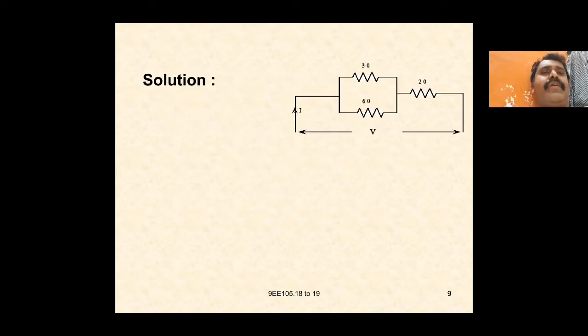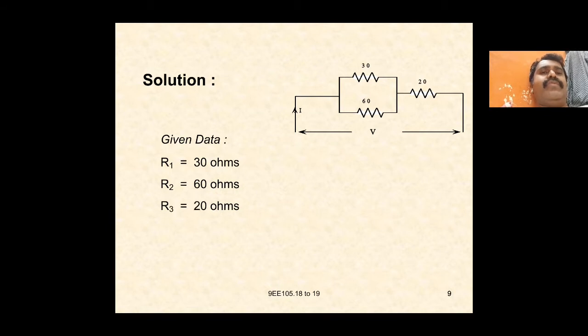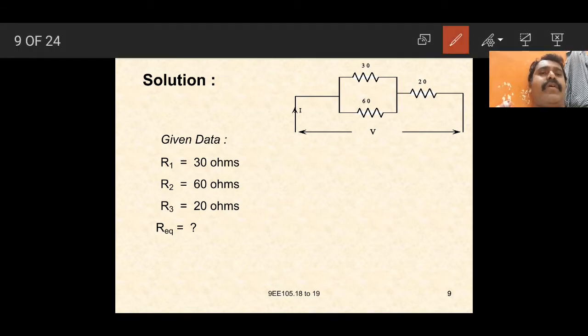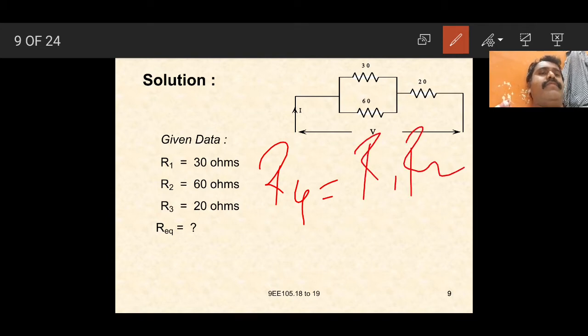Again, R1 is equal to 30 ohms, R2 is equal to 60 ohms, and R3 is equal to 20 ohms. R equivalent is equal to how much? So first we can solve here the R equivalent, which is nothing but R4. It is nothing but R1 R2 divided by R1 plus R2.